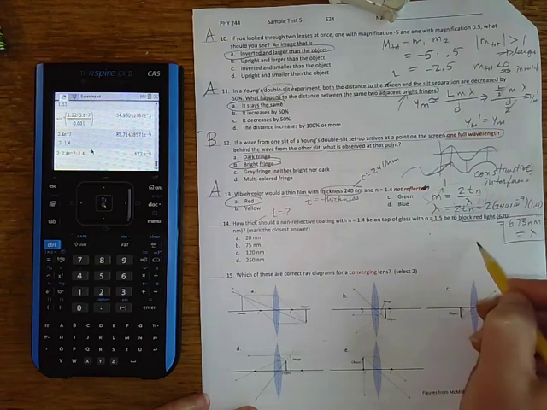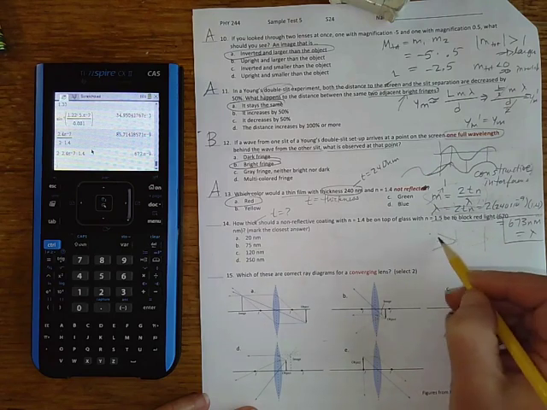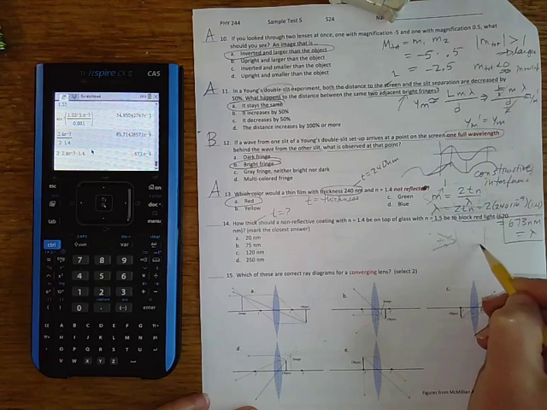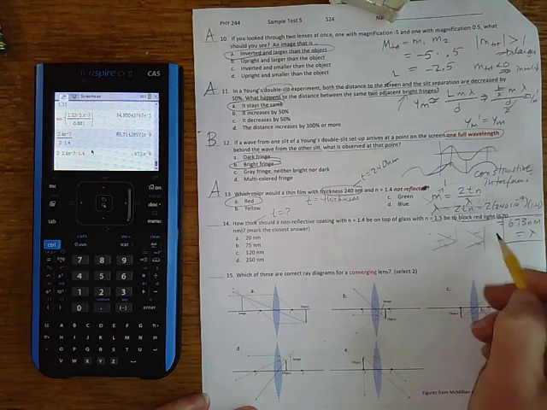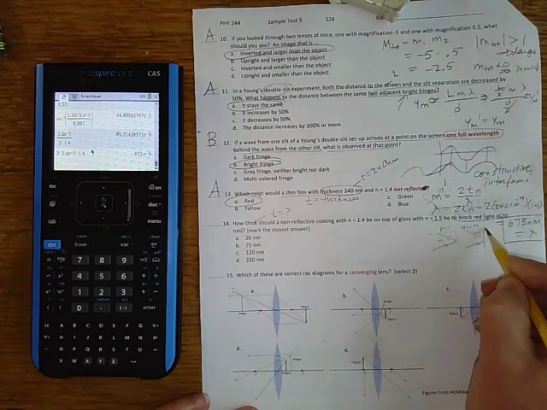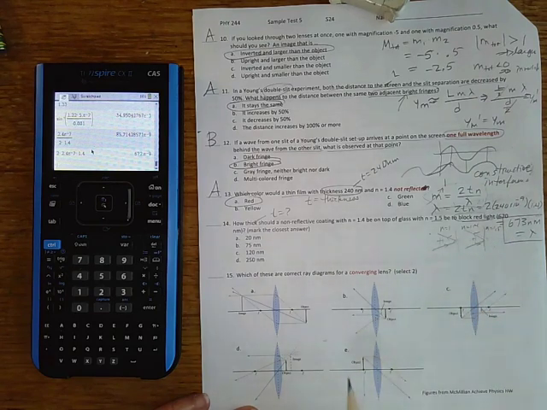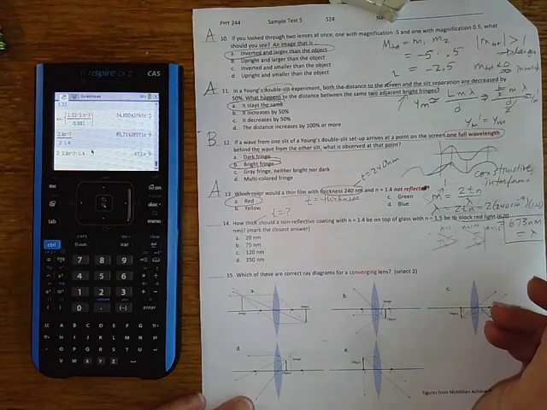When light hits the film from the air, there's a pi phase shift, and then when it hits the boundary from the film to the glass, there's another pi phase shift, because n equals 1, then n equals 1.4, and then n equals 1.5. So both of them will have a pi in it. So it's kind of the opposite.